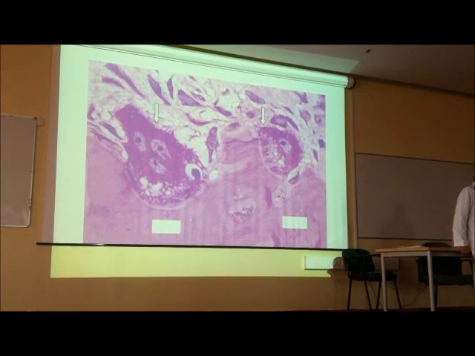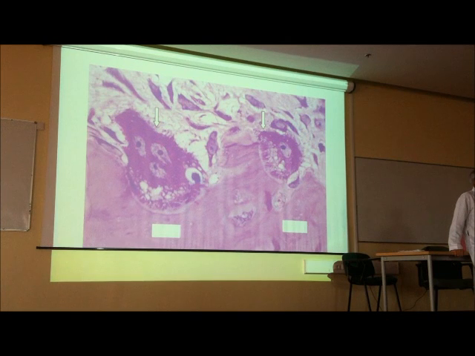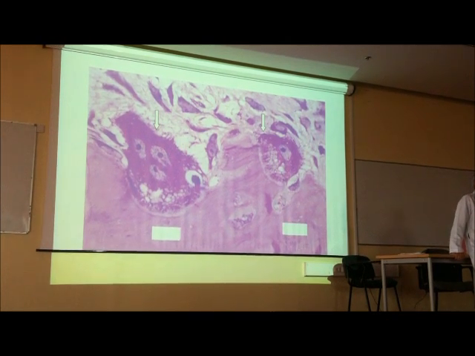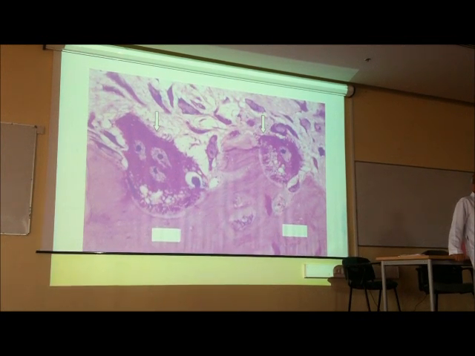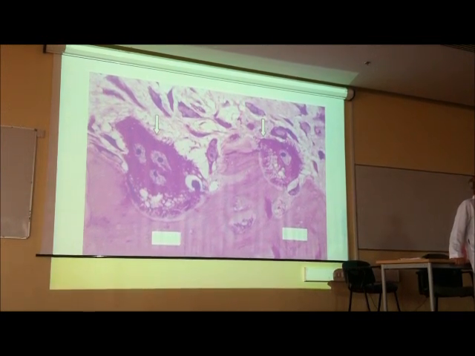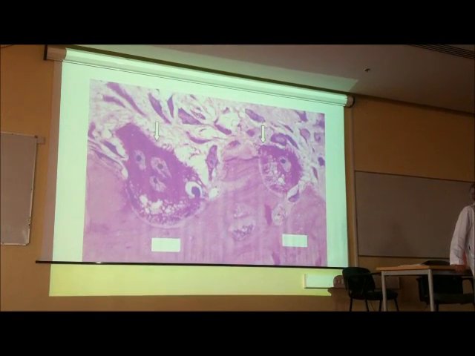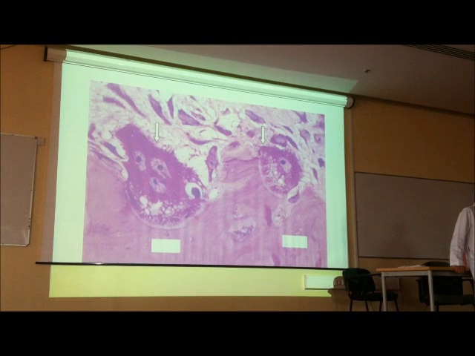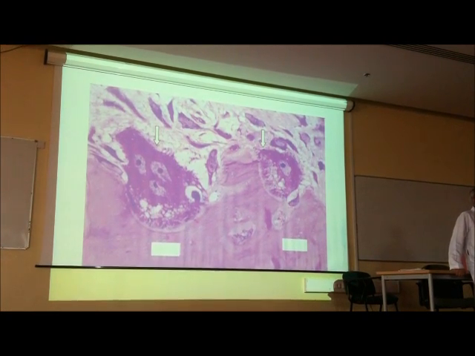How many types? 3. You're right. What are these 3? Osteogenic. Osteoblast. What is the cell present inside bone? Osteocyte. Don't forget.